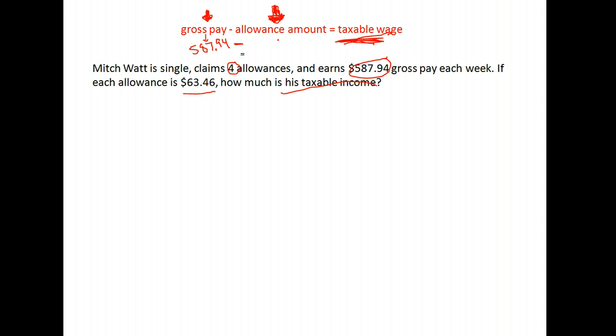Now, we have to do a little work here because he had 4 allowances. Each of them was $63.46. So the first thing we're going to do is find out how much his allowances were total. So we're going to take this $63.46 and multiply that by 4.